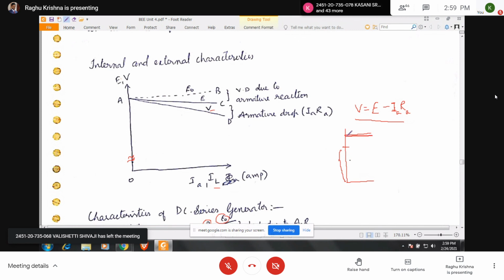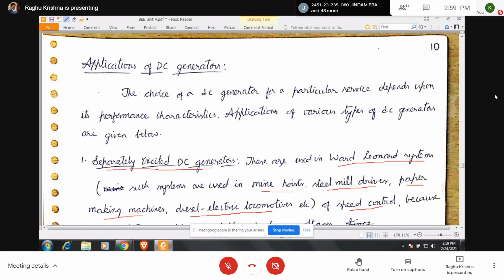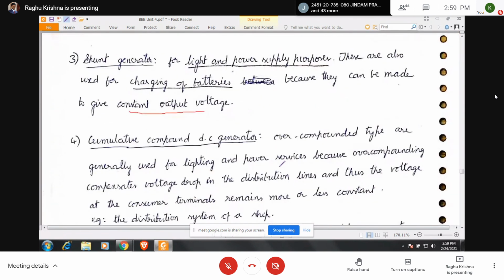Actually there will be a slight voltage drop, but here it is almost constant. As the voltage decreases only slightly, it is called a constant output voltage generator.